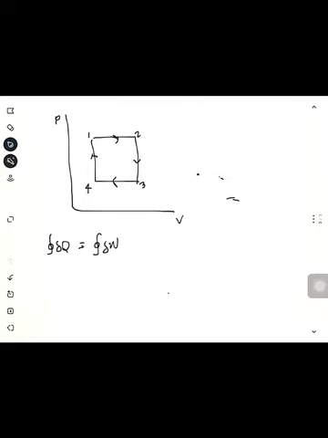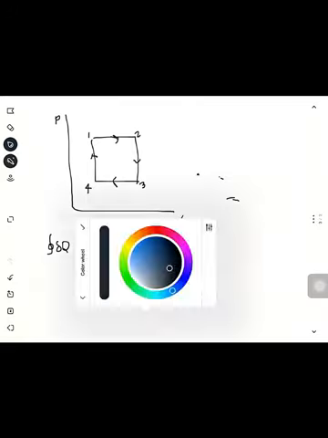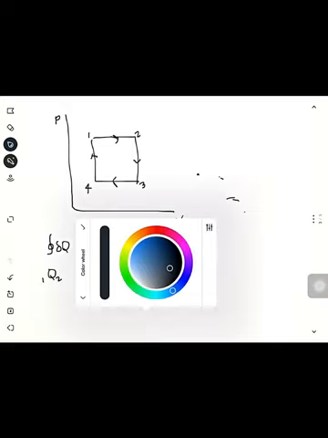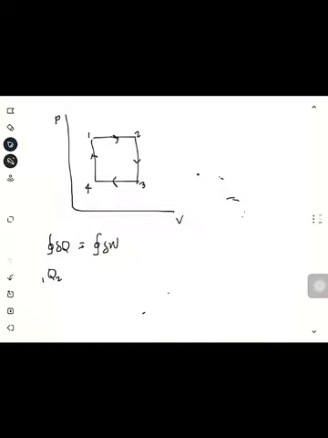So therefore, let's write this one in other form. We have Q 1 to 2 plus, and this represents the net heat transfer throughout the cycle.